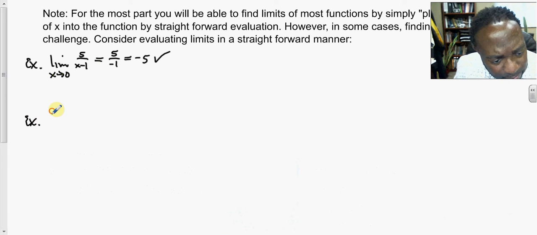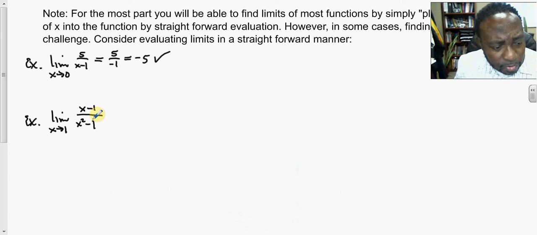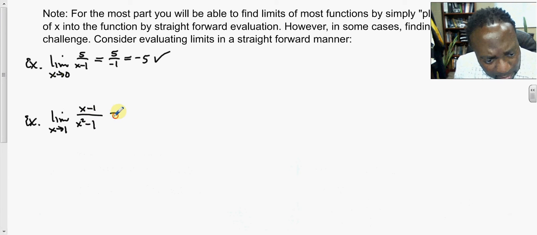Another example: find the limit as x approaches 1 of x minus 1 all over x squared minus 1. Now notice here when you plug in x equal to 1, we get 0 divided by 0.